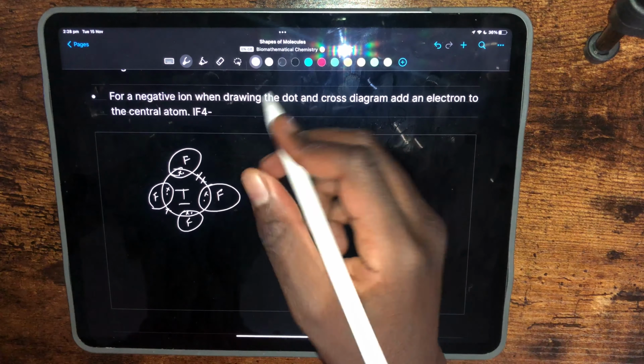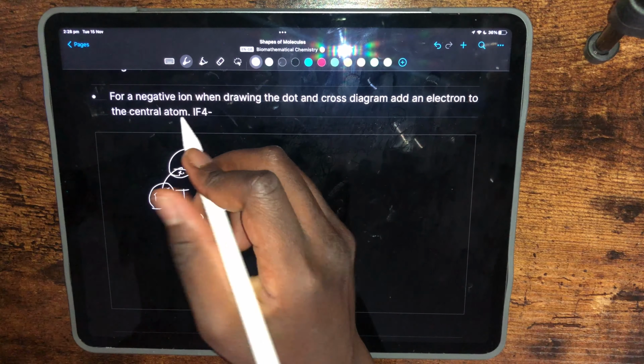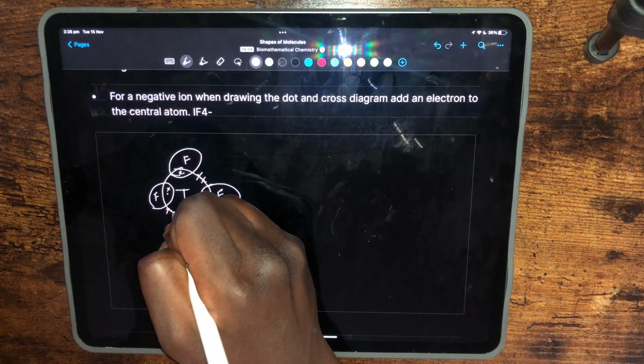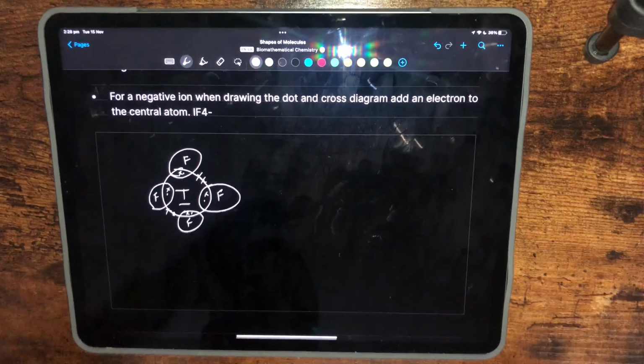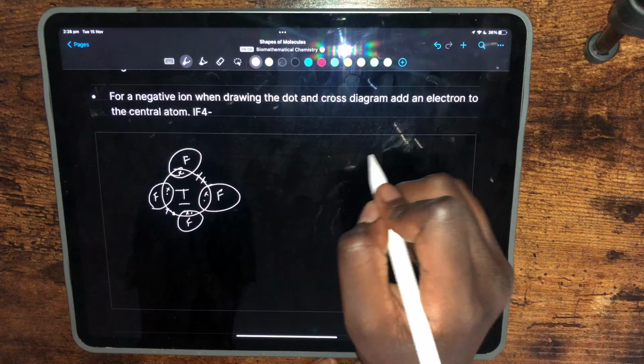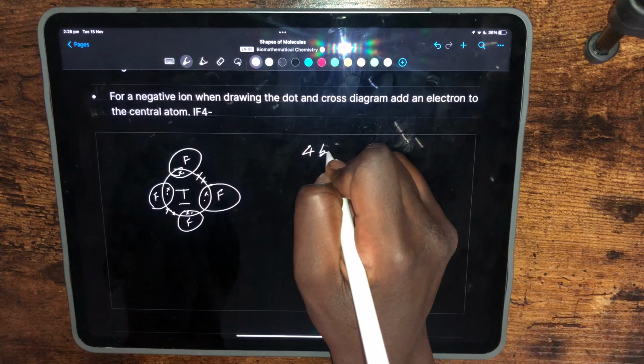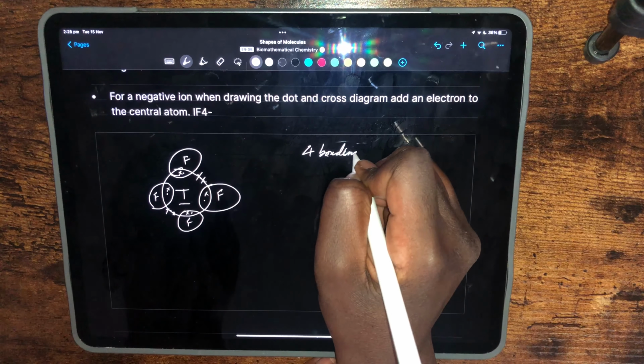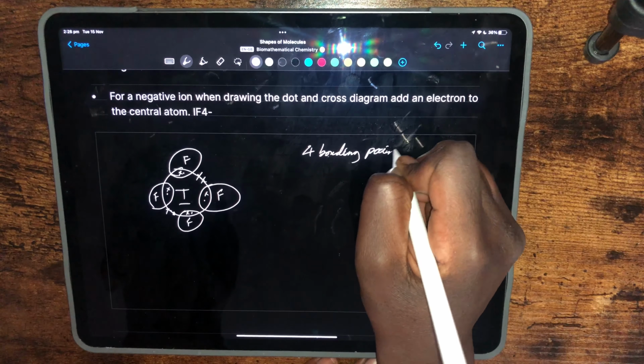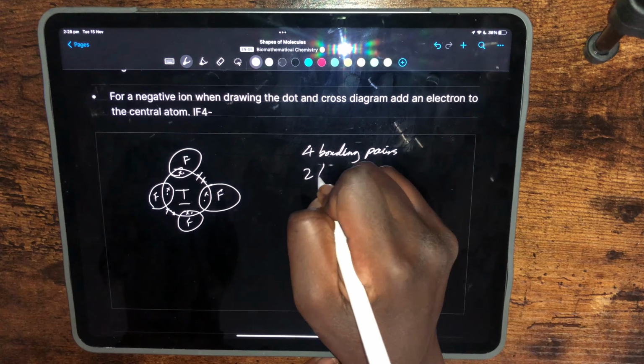But because it's a negatively charged ion, we would gain another electron here, right? So in total that's 4 bonding pairs and 2 lone pairs.